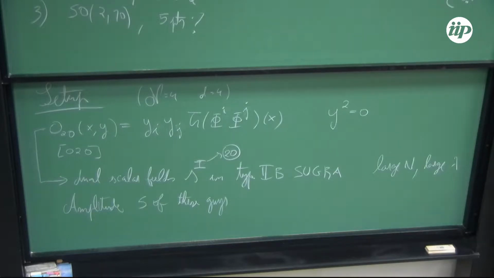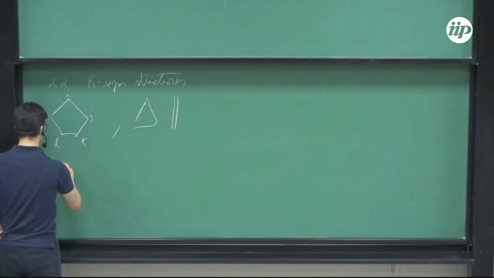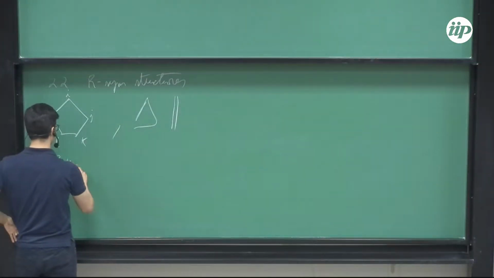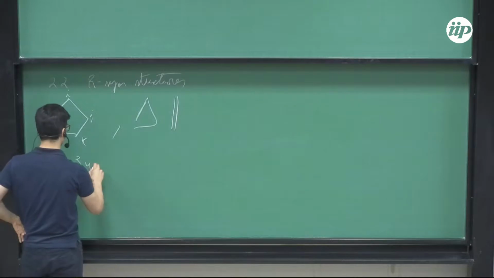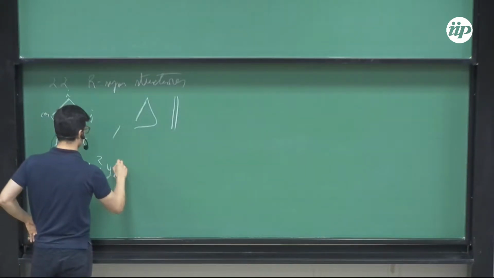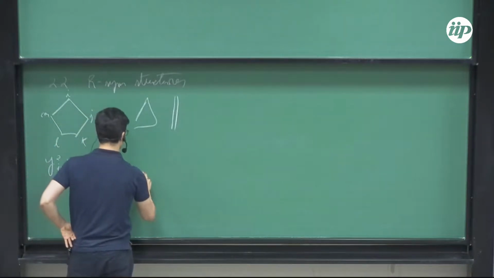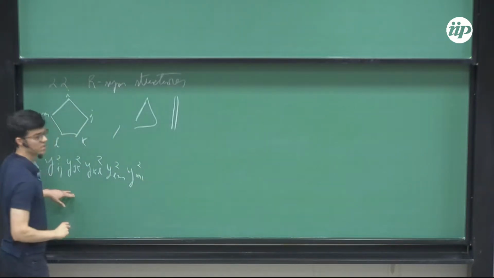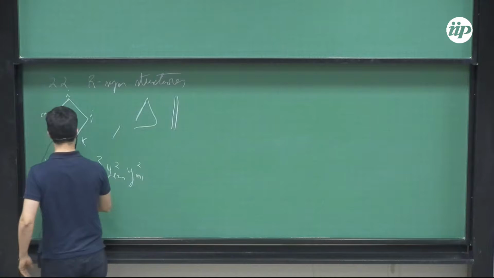So this would be I, J, K, L, M. And so this diagram would correspond to our symmetry polynomial of the form I,J square, J,K square, K,L square, L,M square, and M,I square. Okay? So there are 12 such terms.